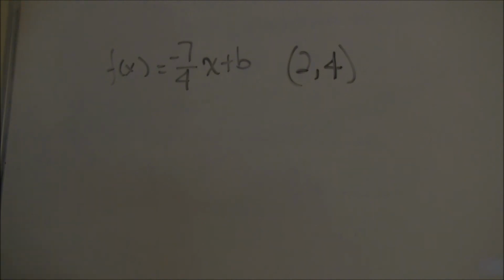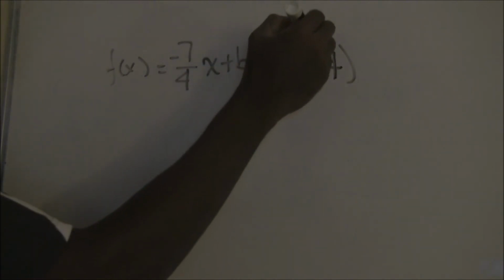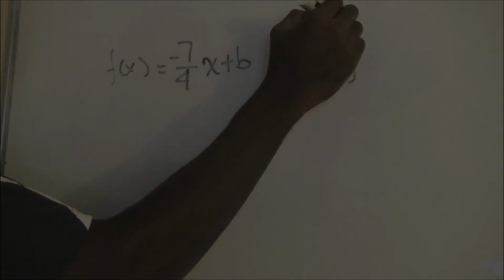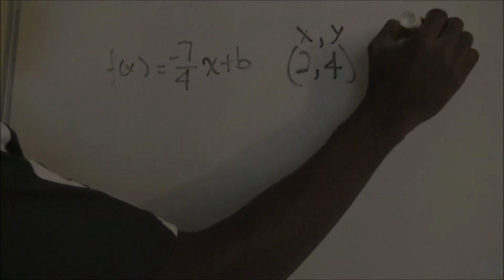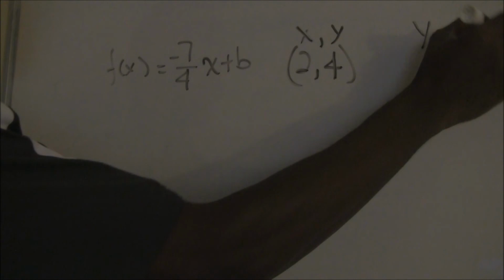Notice, if you recall from prior knowledge, we know ordered pairs are in the form of x, y. And if you recall, y represents f of x.